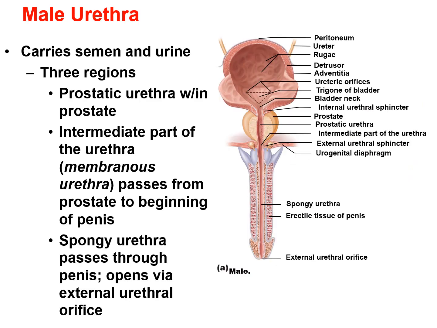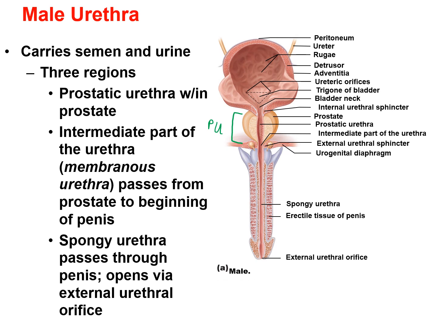In comparison, the male urethra is going to be much longer than a female's urethra. The male urethra is going to have 3 distinct regions. There's going to be one region that is draining the bladder, that is your prostatic urethra. So the portion of the urethra draining the bladder and then running through the prostate gland is your prostatic urethra.